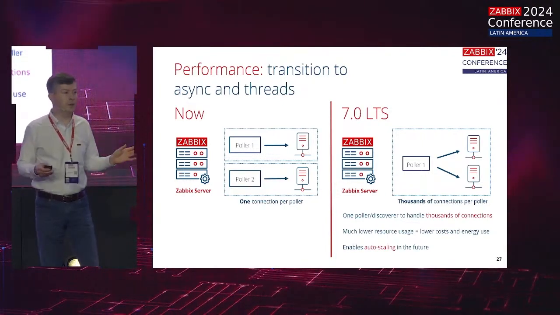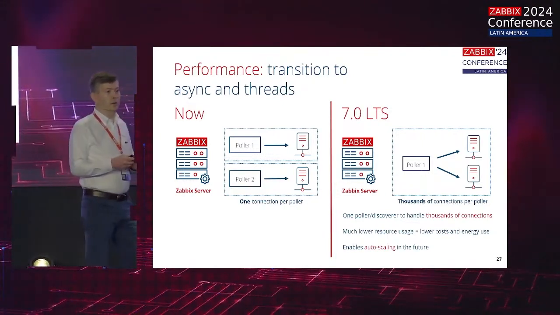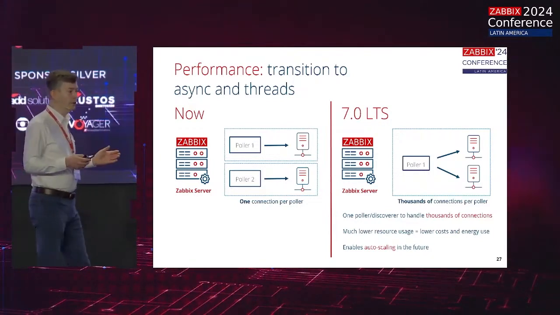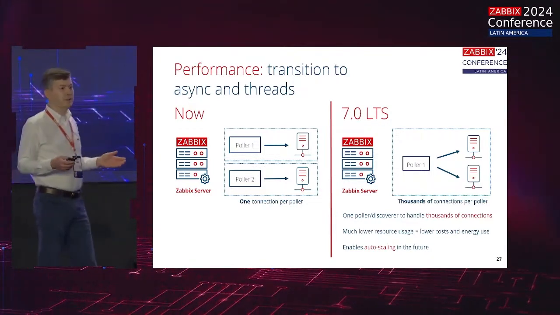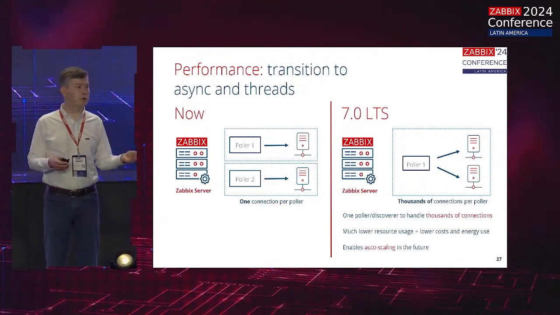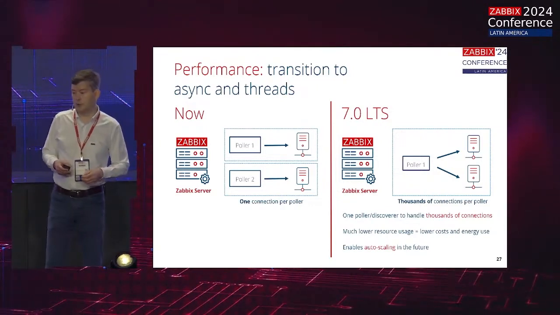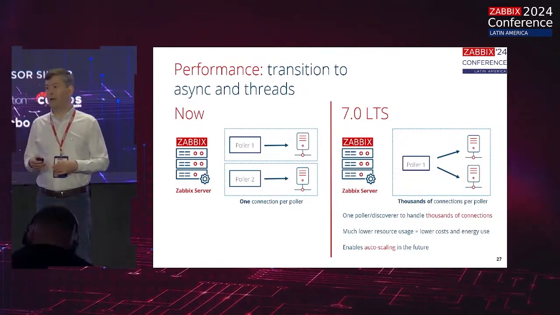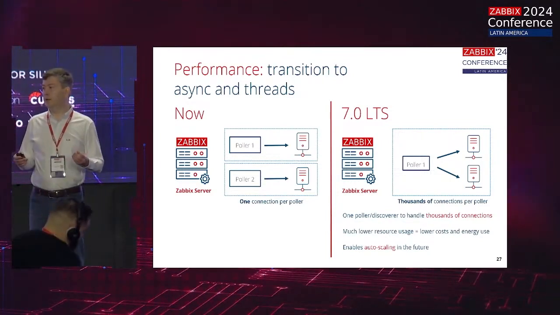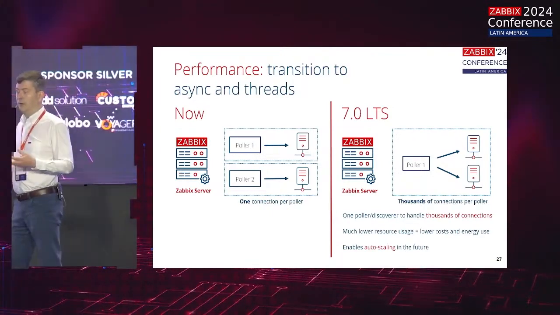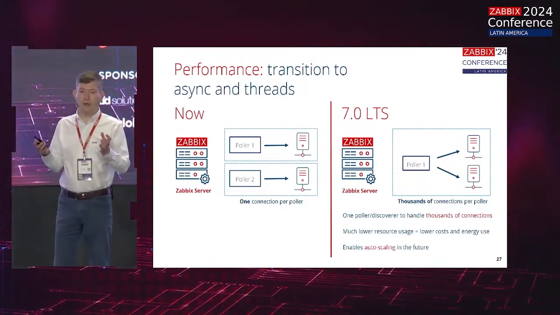So it means we get much better scalability, and we also get much less resource usage. I'm talking first of all about CPU and memory usage. So this is a win-win situation. And in the future, it will lead to auto-scaling. We really want to make Zabbix auto-scale.